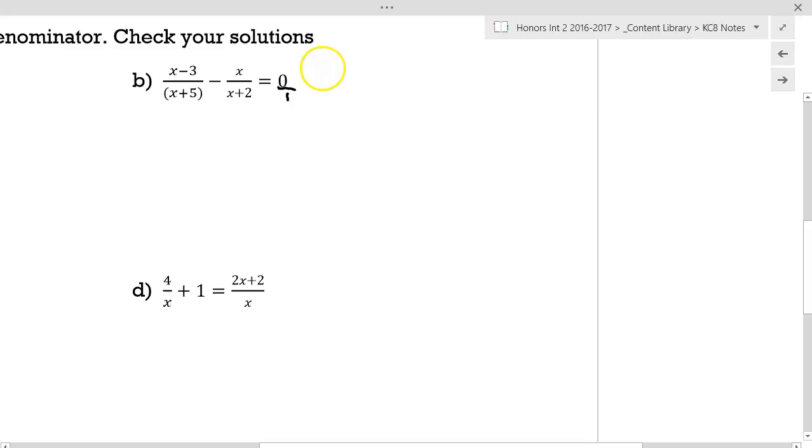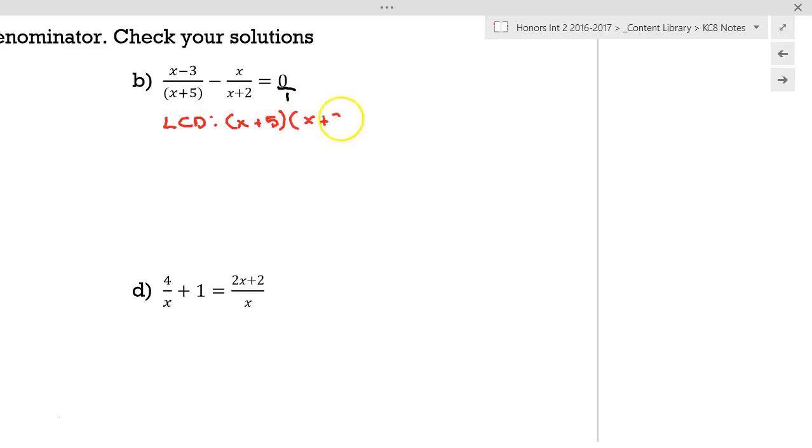My least common denominator is x plus 5, x plus 2. I don't really have to worry about the 1, because 1 isn't really a factor that we worry about. So what am I missing? This one's missing an x plus 2. This one's missing an x plus 5. And my 0 is missing an x plus 2 and an x plus 5.